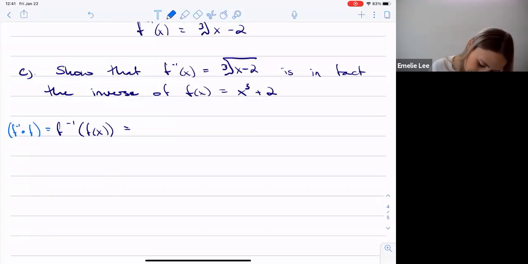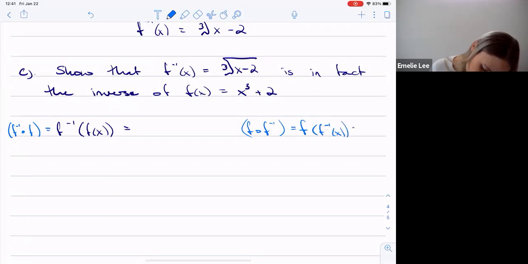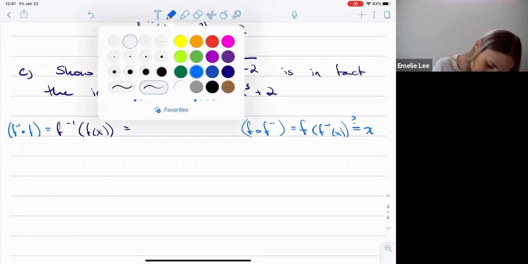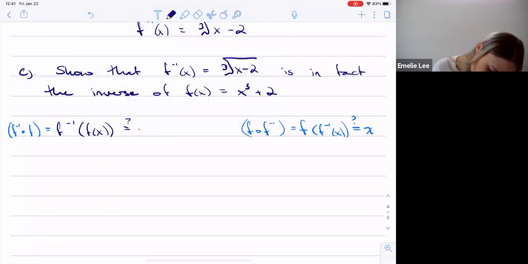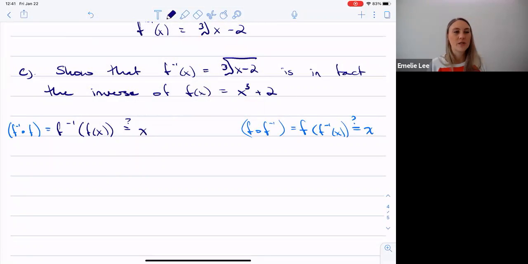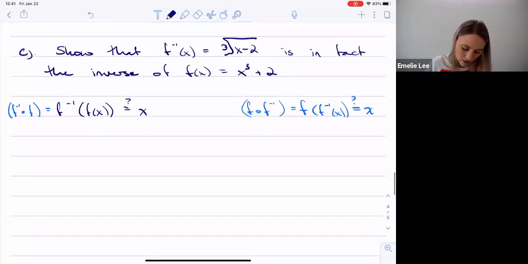And then on the other hand, we're going to show that f composed with the inverse, which is f of f inverse of x, does it equal x? Right, and here, I want to know if it equals x. Switched up my colors, oh well.